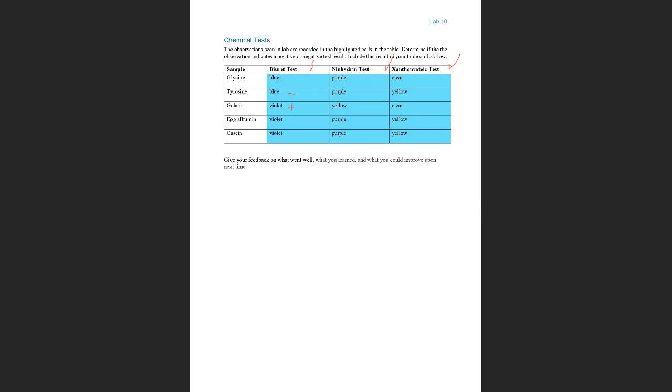The next test, ninhydrin, detects basically most of the amino acids and proteins. I don't want to get much into the chemistry because you don't need it at this level, but you need to know that secondary amines will give a yellow color.